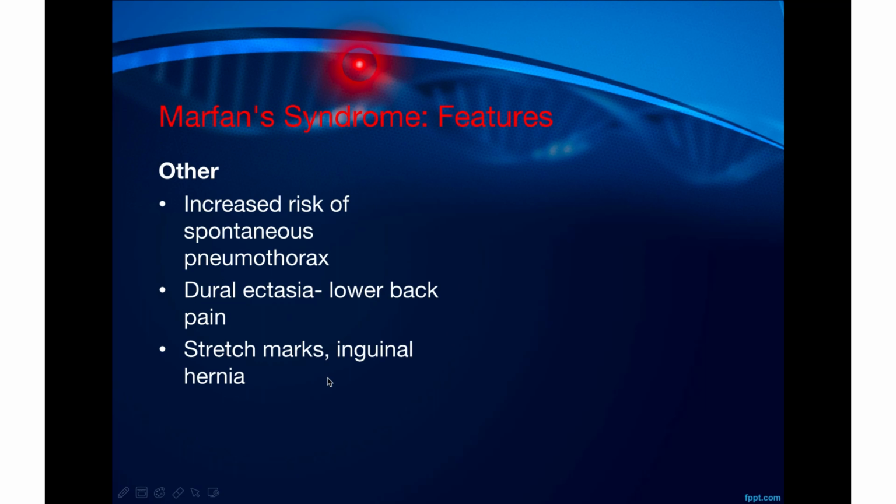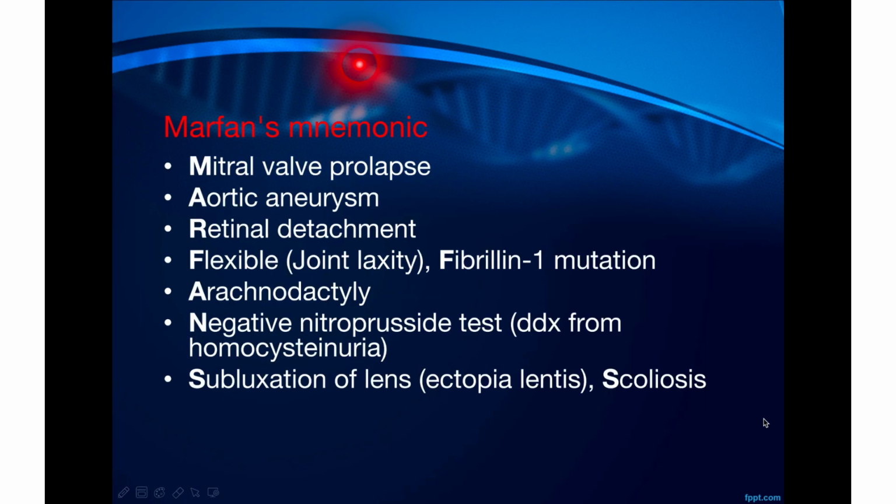So what we're moving forward to now is the mnemonic for Marfan's. The mnemonic is just going to be MARFANS, an easy way for students to remember. The first one, M, is mitral valve prolapse. The second one, A, is aortic aneurysm.